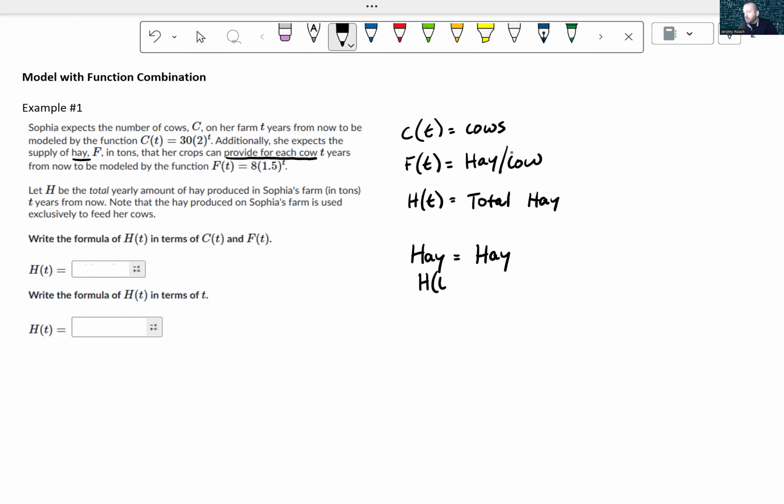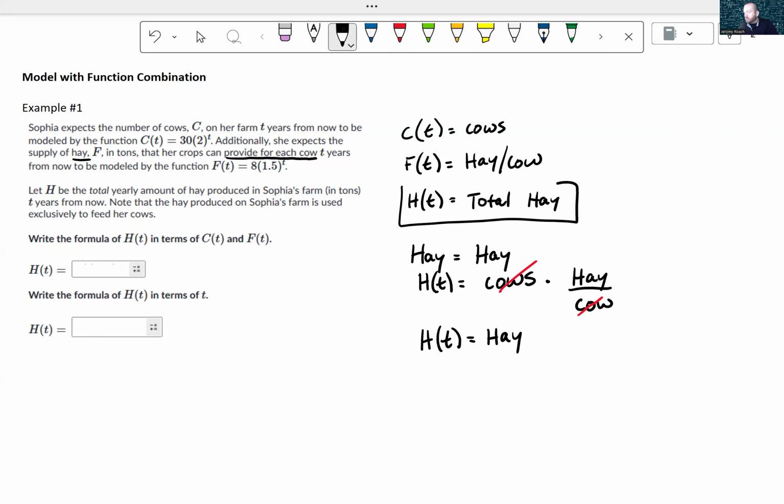So H of T equals, and now we have to figure out what operation we have to do to make it equal hay on the side with C of T and F of T. And so if we look at it, we can say cows times hay per cow, because cows and cows would cancel, and then we're just left with H of T is equal to the hay.